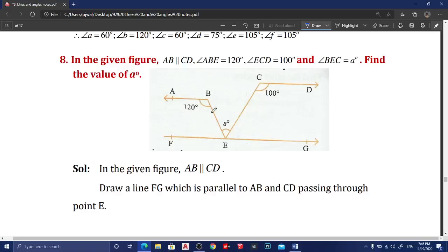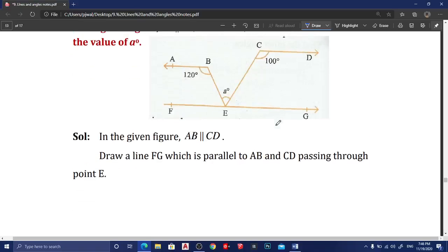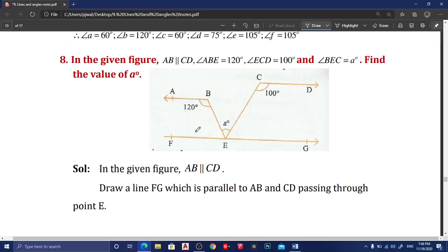Here AB is parallel to CD is given. Now I have to construct line FG which is parallel to AB and CD, like this.